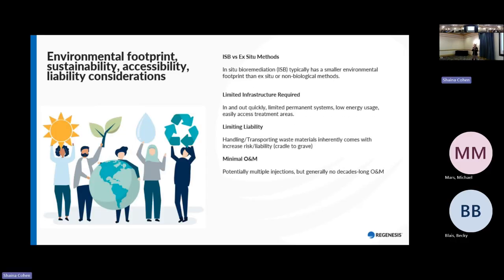And as Paul was talking about really at the end there, answering the questions on rubrics and things, there's a lot of non-technical factors that make in situ approaches, and in situ bioremediation specifically, really attractive for a lot of sites.